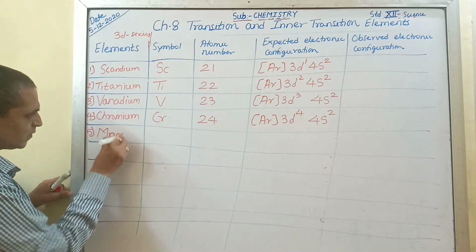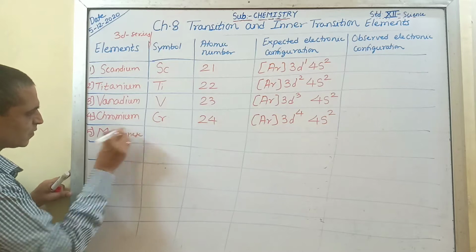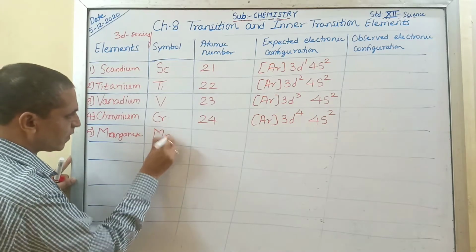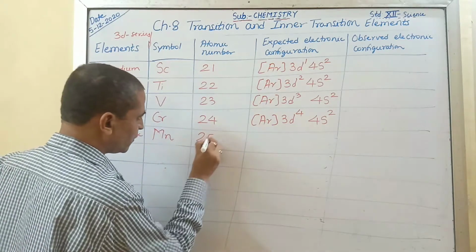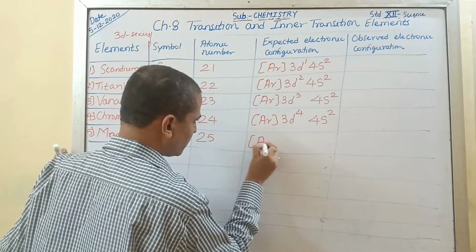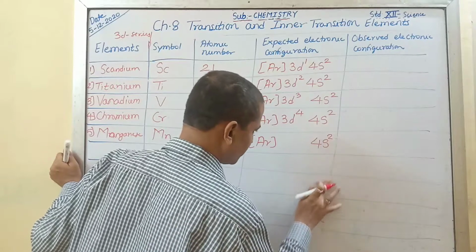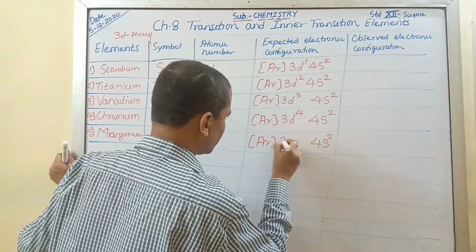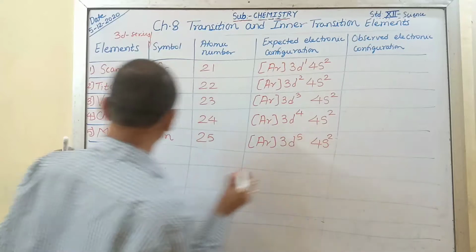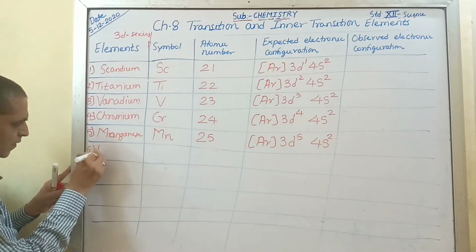Fifth, manganese. Symbol is Mn, atomic number 25. Again put argon, 4s2, and it becomes 3d5. Sixth, iron.